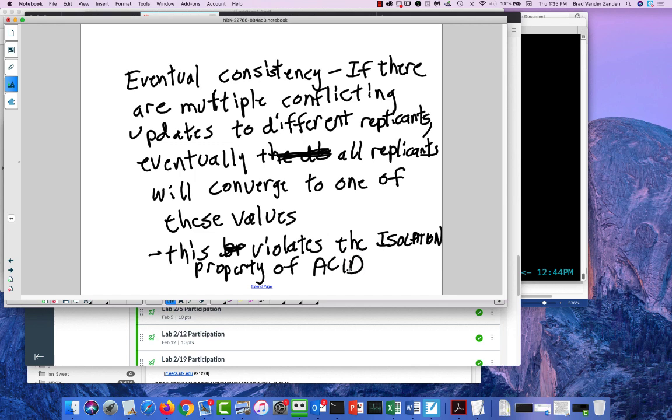So eventual consistency actually doesn't violate consistency; it violates the isolation property. Because if you have n conflicting updates, only one of them will be accepted. The other n-1 will be lost.